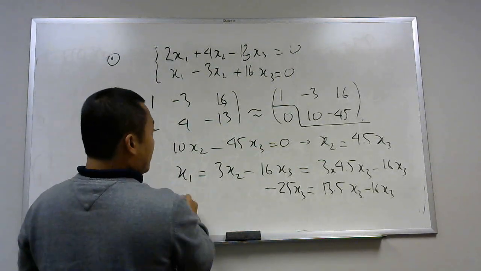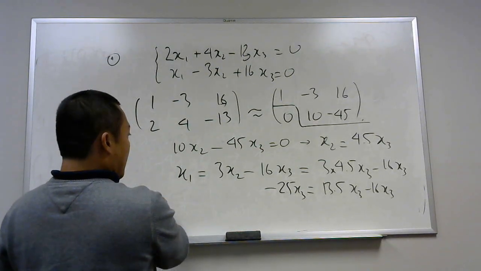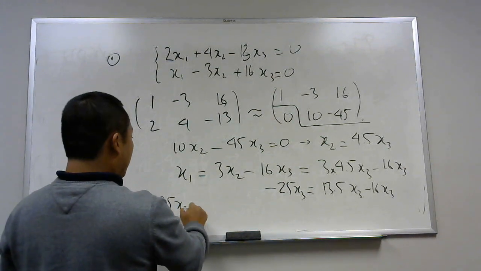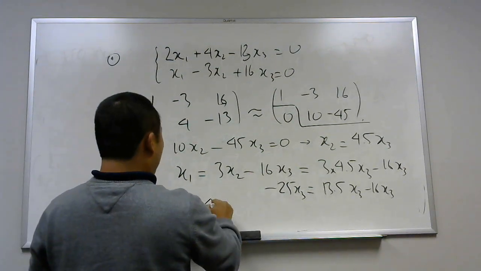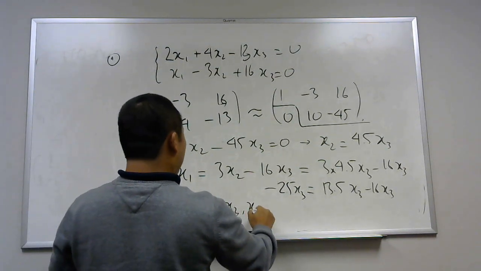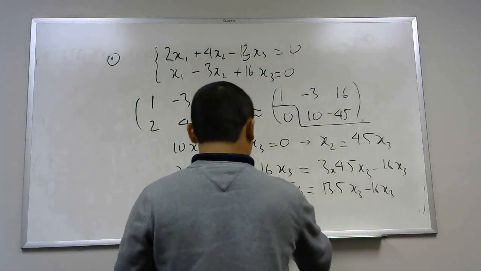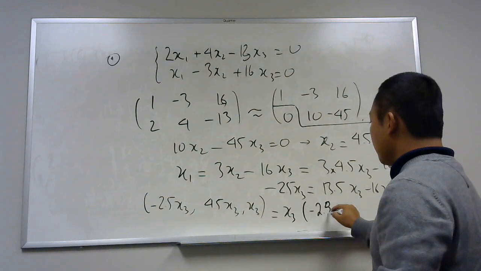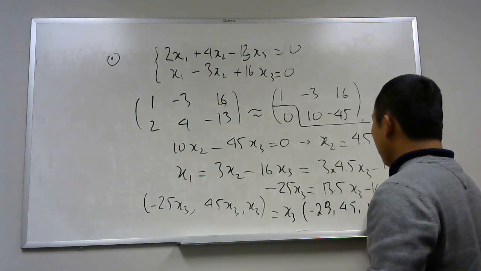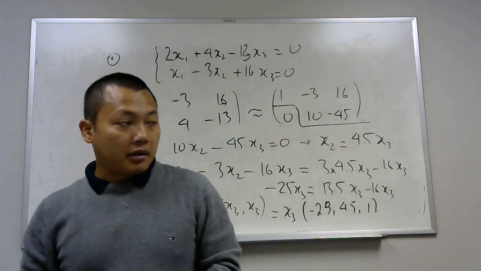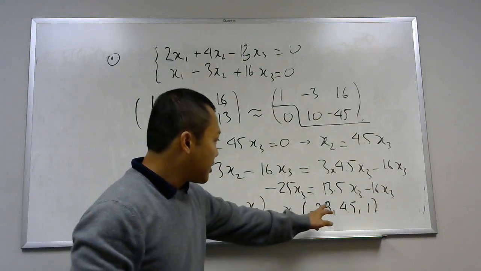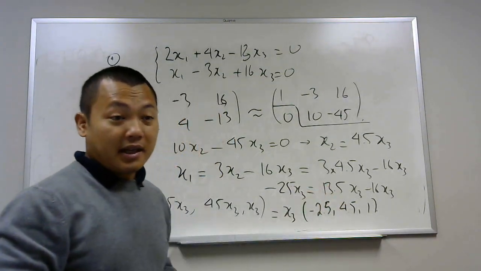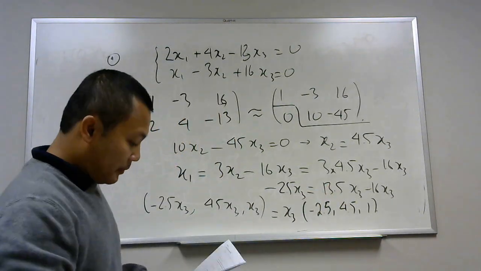And then the general solution looks like x1 is -2.5x3, x2 is 4.5x3, and x3, or you can write x3 times (-2.5, 4.5, 1). So that is the solution space. The solution space has dimension equal to 1. Alright?